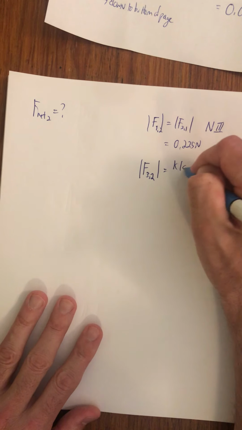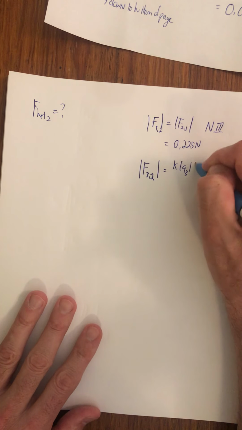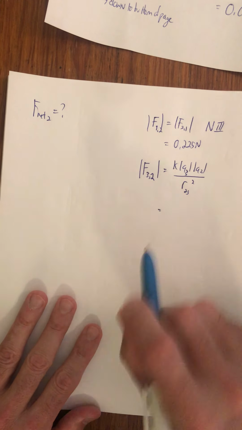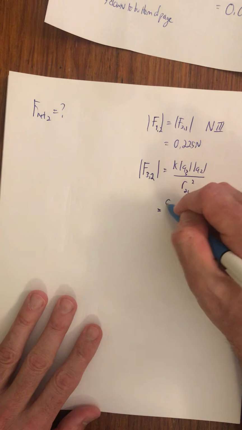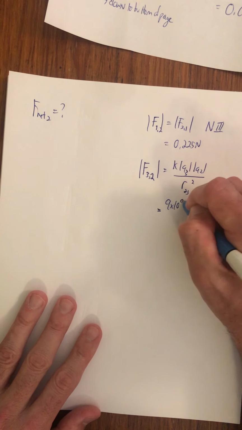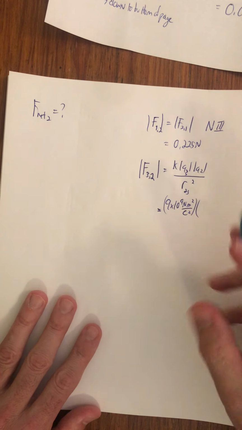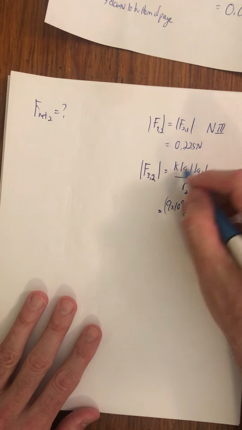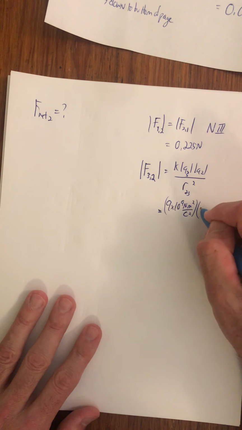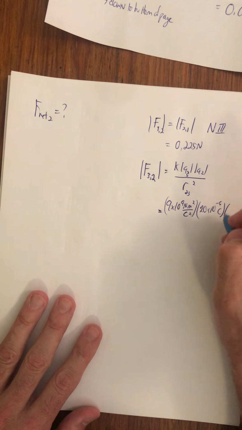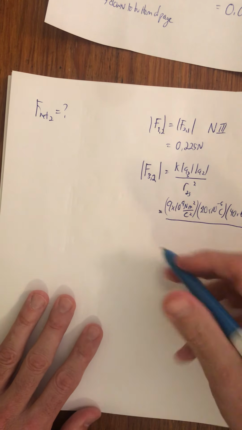So K Q3, Q2 over R23 squared. Or 3/2, it doesn't actually matter here, I'm sorry. I just keep doing that in numerical order for no particular reason. The order doesn't matter because multiplication is commutative, right? So Q3 is 20 times 10 to the negative 6, Q2 is 40 times 10 to the negative 6 coulombs, all over, oh, and how far apart are they?